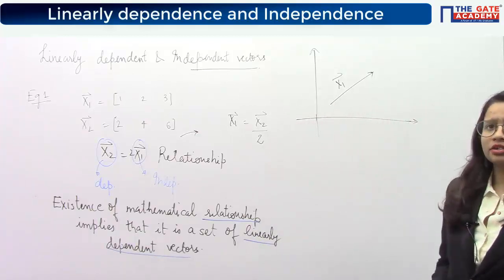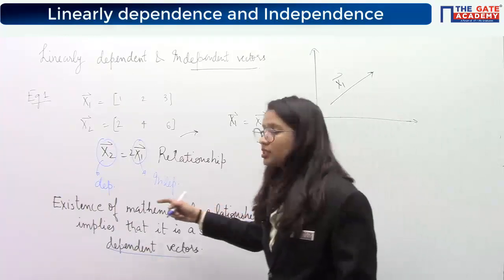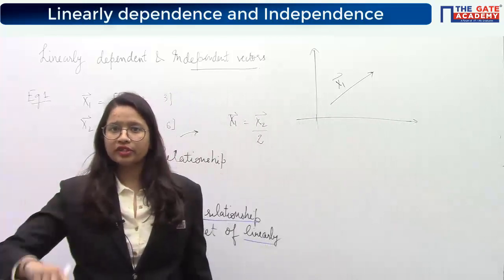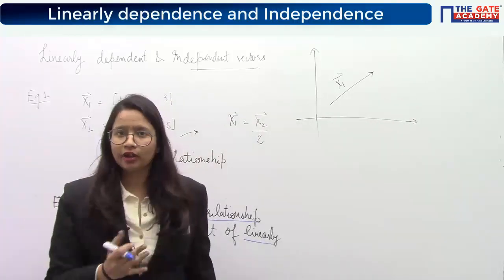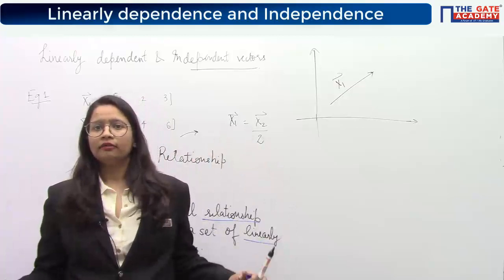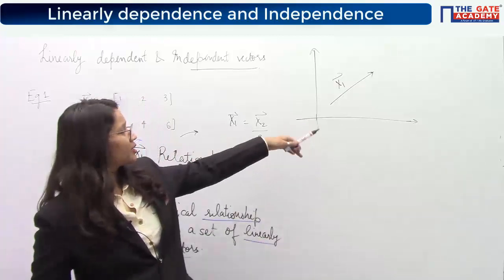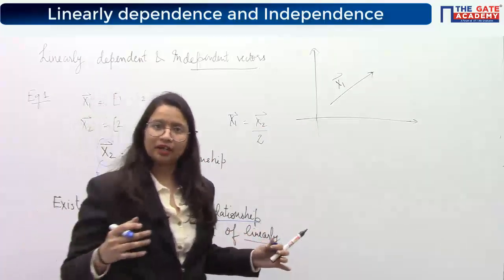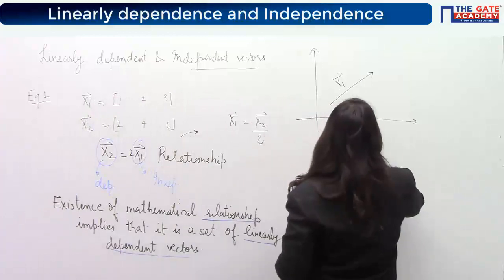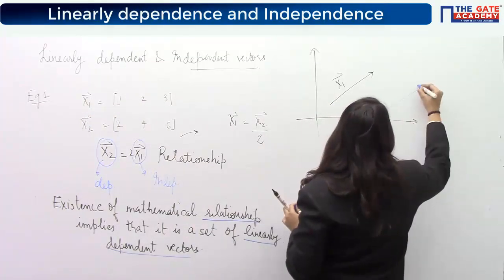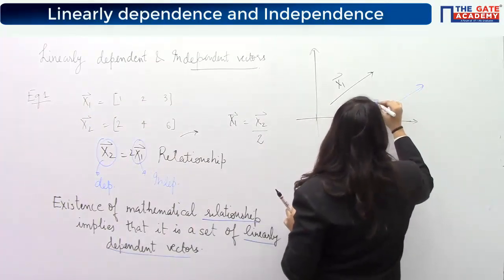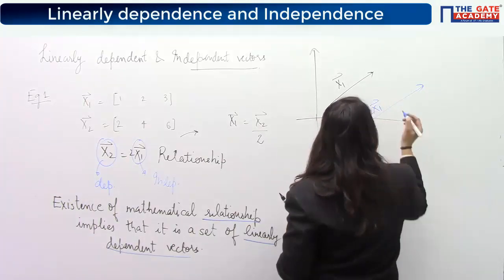You can see that x2 is nothing but twice x1. So obviously it will be parallel to your x1 vector wherever it may be in this vector space. It will always be parallel to your x1. So I can draw it anywhere, but the only condition is that it should be parallel to x1.